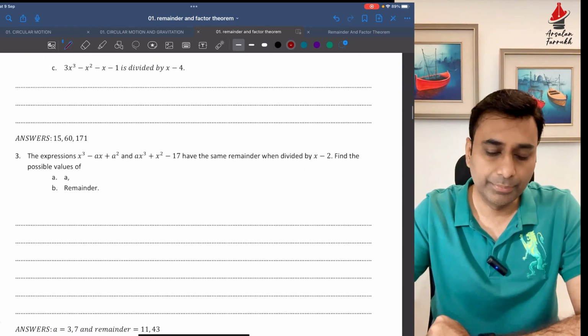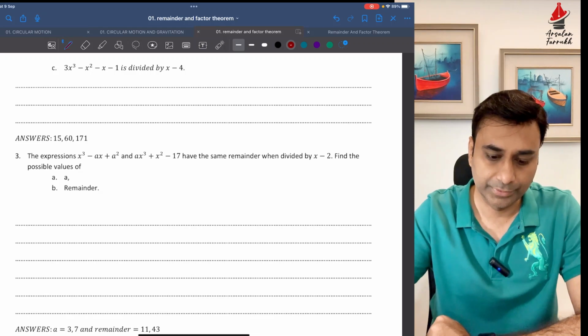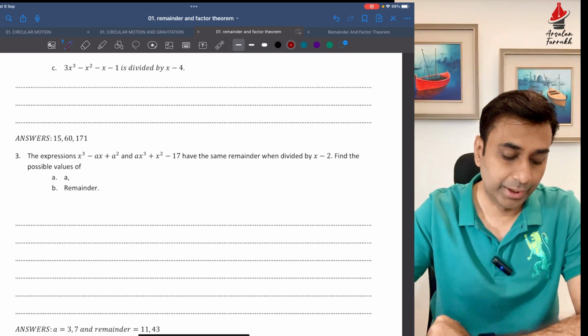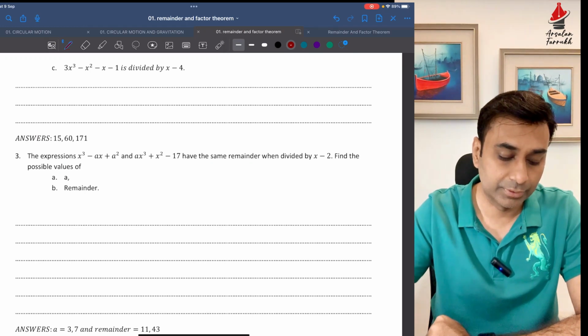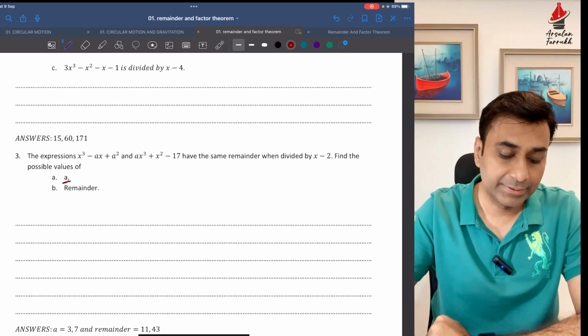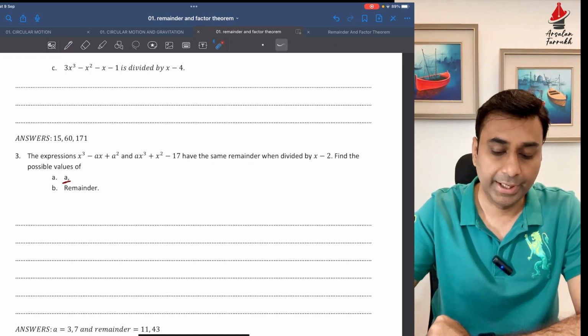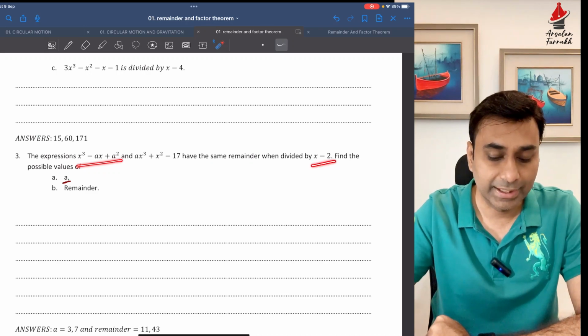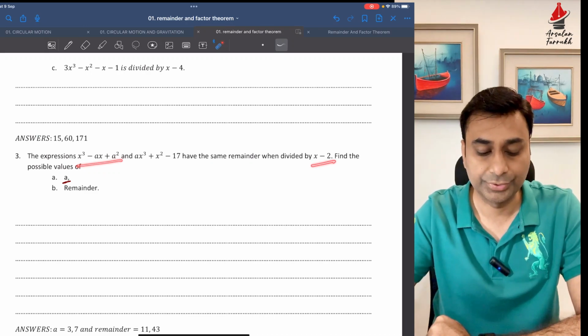Little more algebraically related questions of this particular topic, like if, for example, in this particular case, you're being asked to find out the possible values of a when this expression divided by x minus 2 has the same remainder as when this expression is divided by x minus 2.